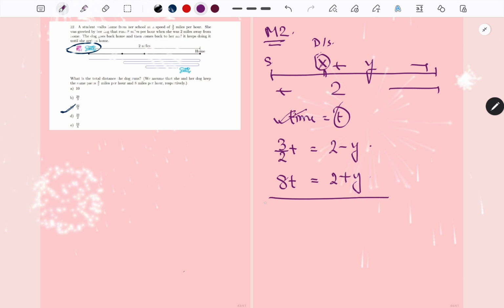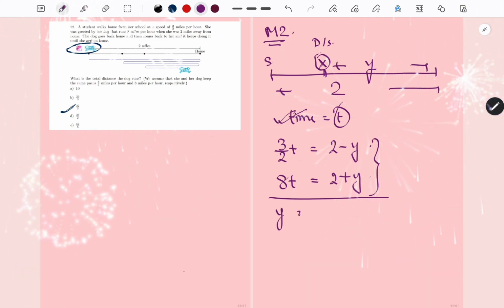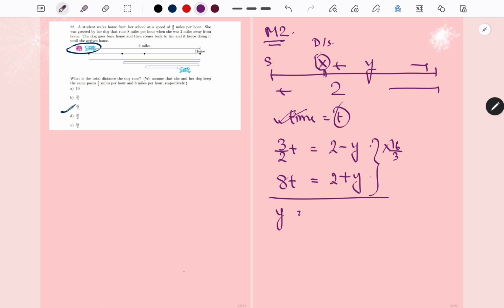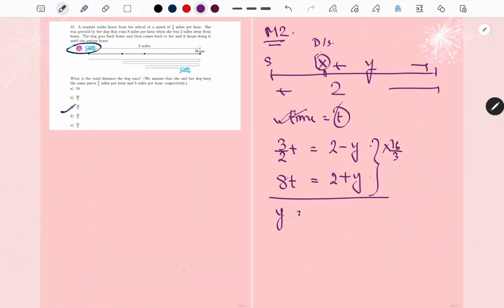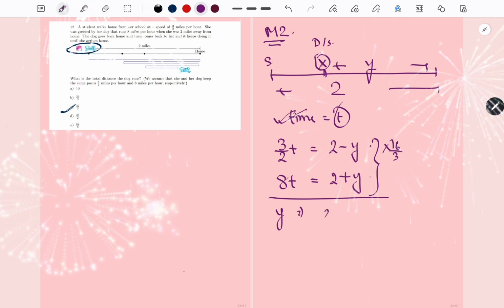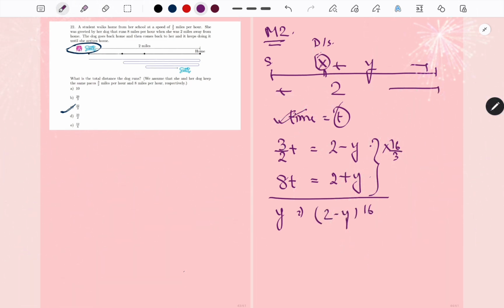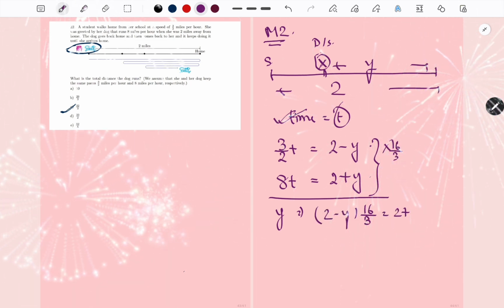So how do we find y? We have to eliminate t. What is the best way to eliminate it? Multiply by 16 by 3. So 2 minus y into 16 by 3 shall be equal to 2 plus y.